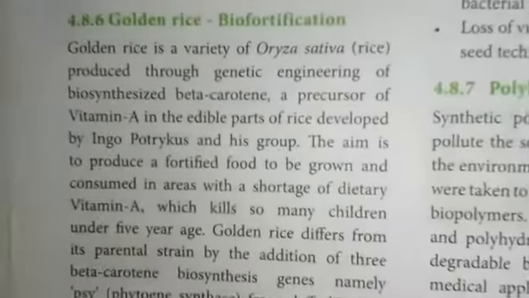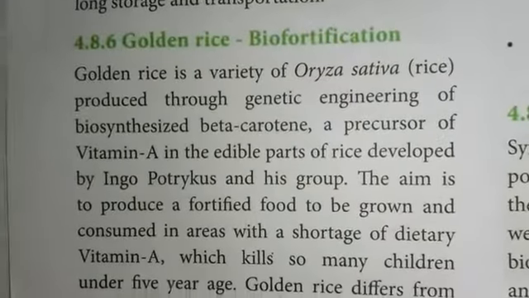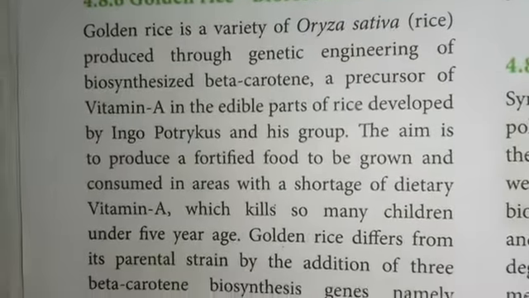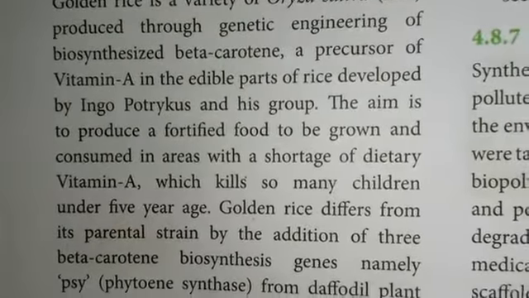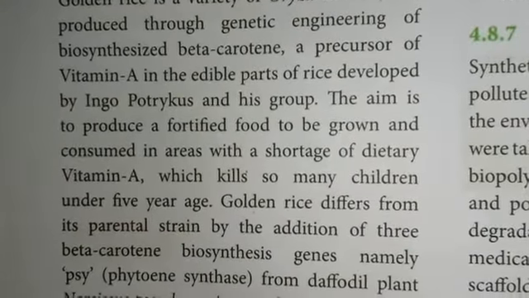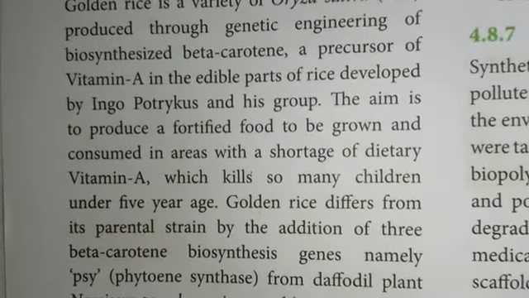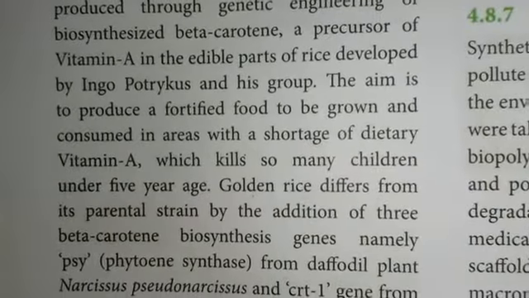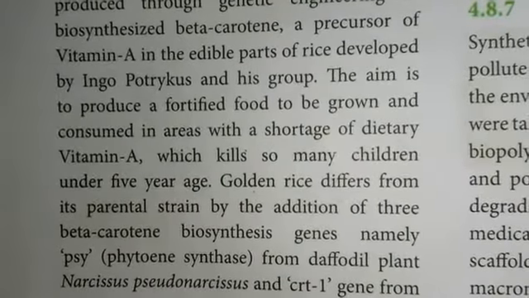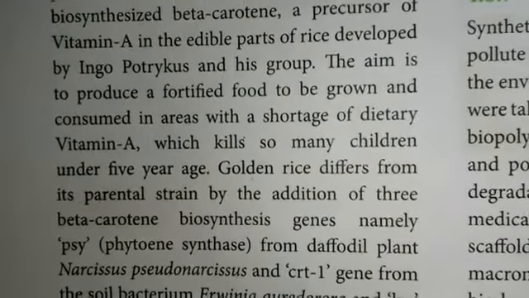It is the first formed precursor of vitamin A in the edible part of the rice, developed by Ingo Potrykus and his group. The aim was to produce a fortified food to be grown and consumed in an area with a shortage of dietary vitamin A, which kills so many children under 5 years of age.